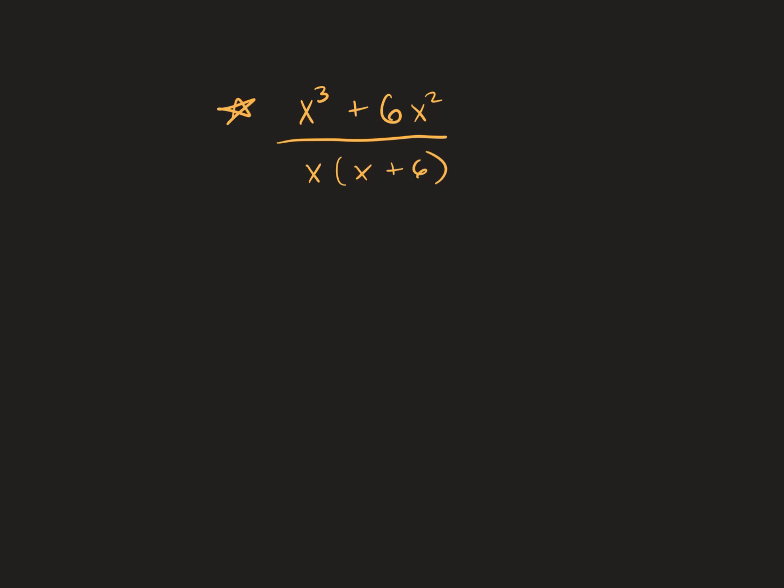What would I do here? So factor the top first. We're going to take out the GCF. What's the GCF? X squared. When we take out x squared, what are we left with? So x squared times x plus 6.